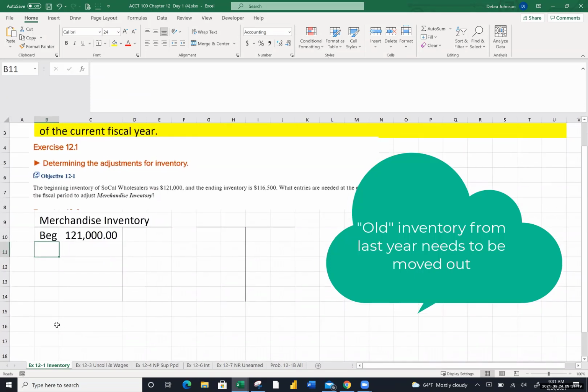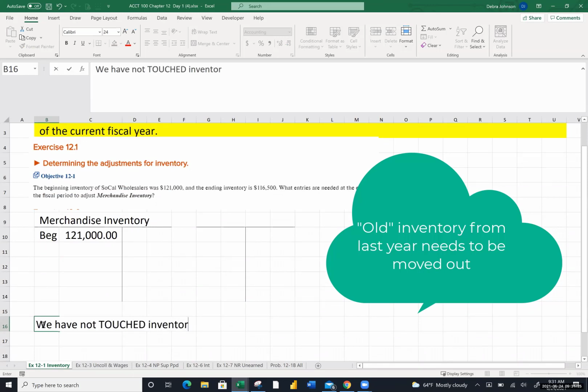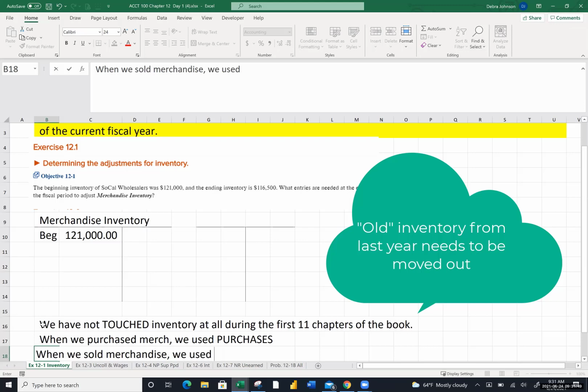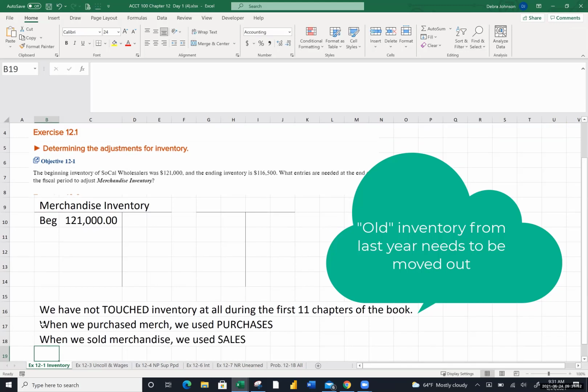We have not touched inventory at all during the first 11 chapters of the book, because when we purchased merchandise, we used purchases, and when we sold merchandise, we used sales. So whatever we started with is still sitting in here.